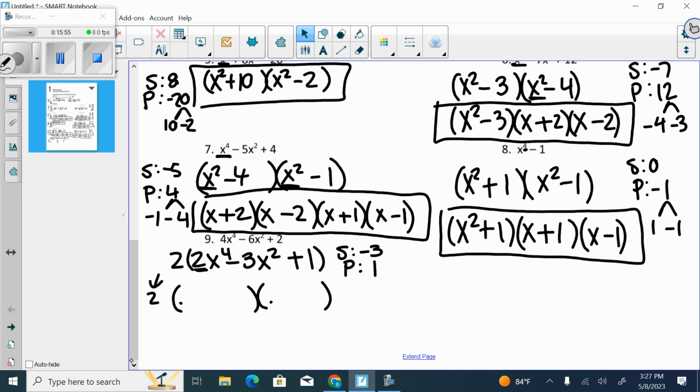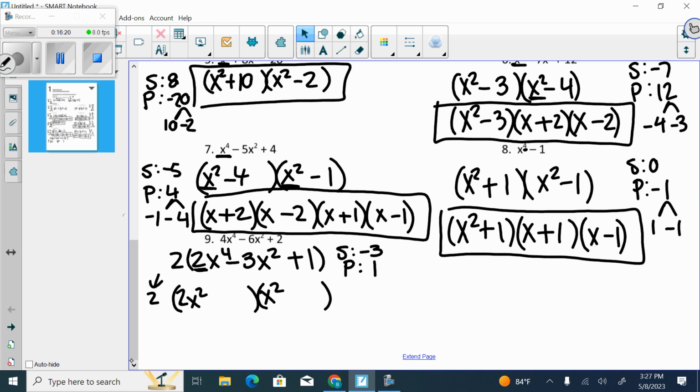So we could do a 2x squared and an x squared. Sorry, not 2 and 2, 2 and 1. So 2 times 1 is 2. Okay.